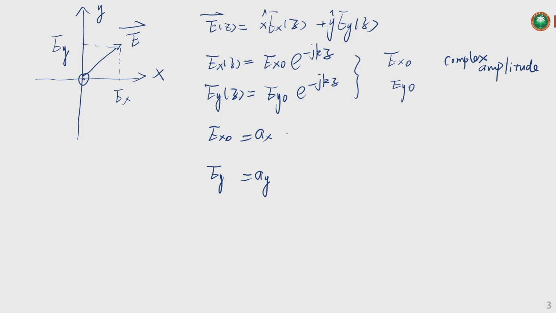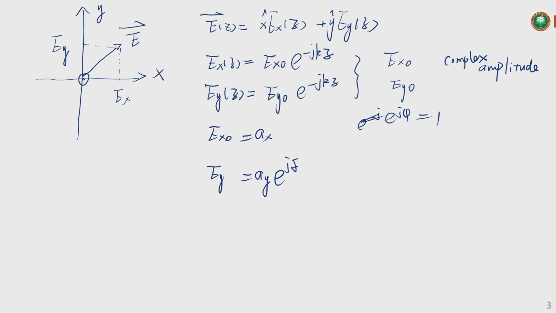Here we assume the x component has initial phase 0, so its phase factor is plus 1, giving Ax. The phase part of the Ey component is defined as e^(-jδ).